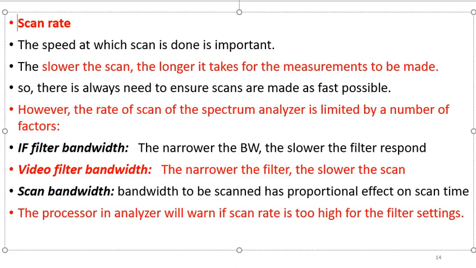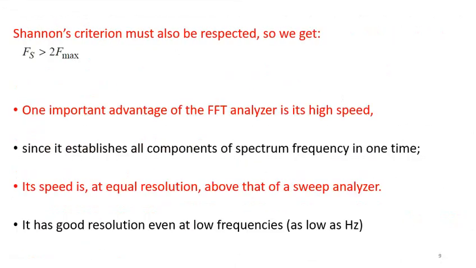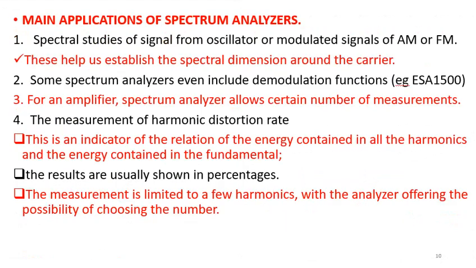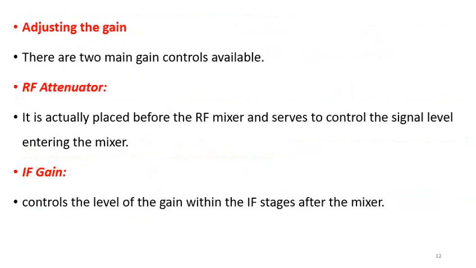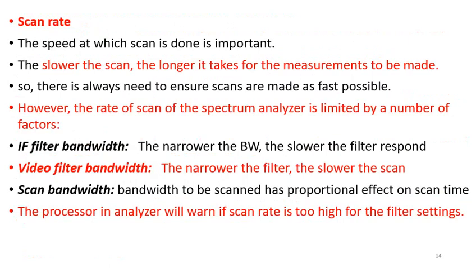What we are saying is that whenever you increase the scan bandwidth, it will take a longer time for a scan to be taken. So as we try to increase the IF filter bandwidth and the video filter bandwidth in order to increase the scan rate, the scan bandwidth now has a problem. Whenever you make it high, you will definitely take longer before you can take a measurement.